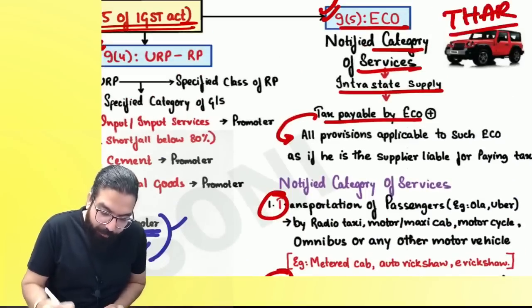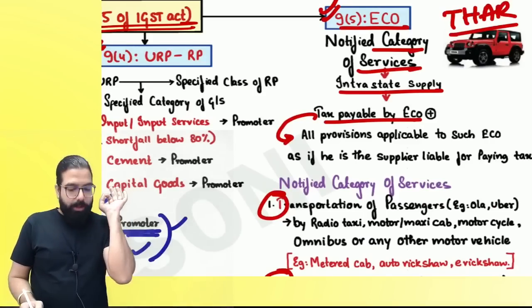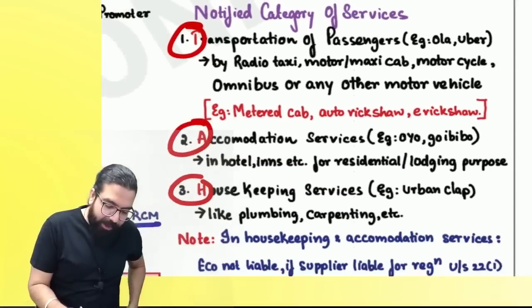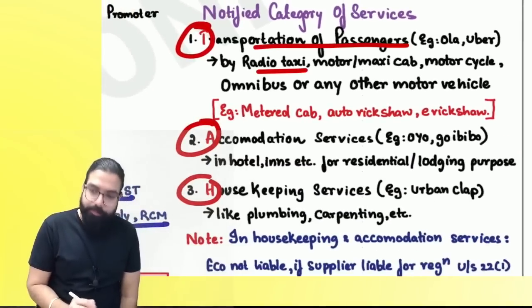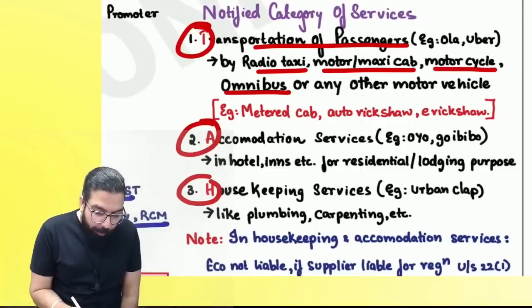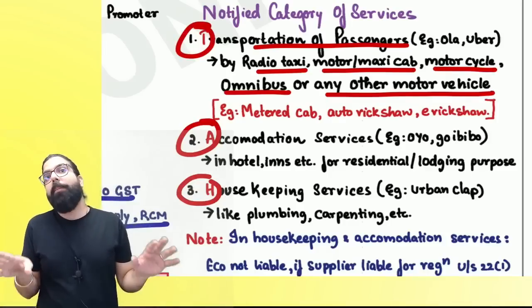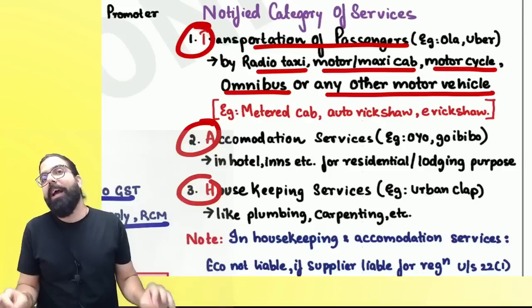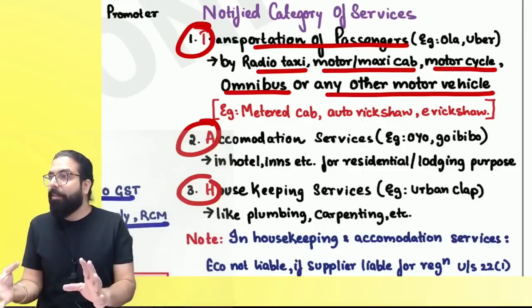T is for transportation of passenger services, which are given in radio taxi, motor cab, maxi cab, motorcycle, omnibus or any other motor vehicle. Remember, government is not covering only maxi cab and motor cab now, government is covering omnibus and bus services also.